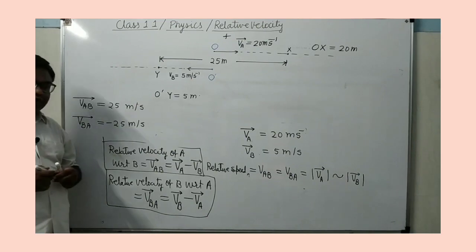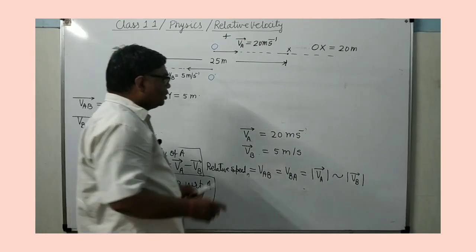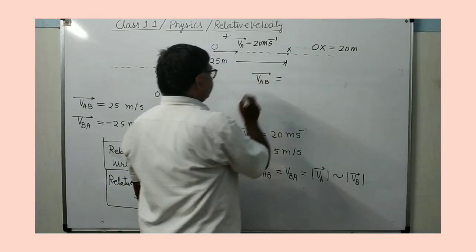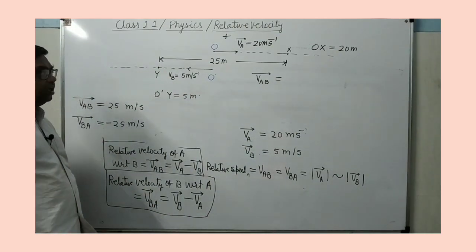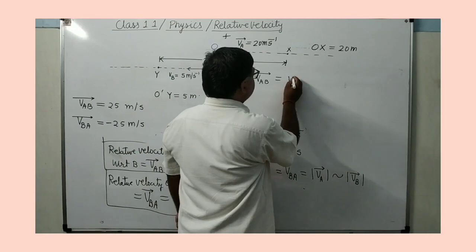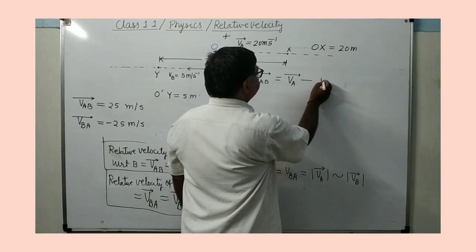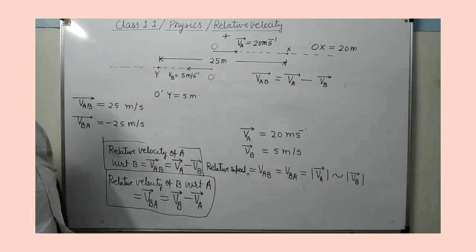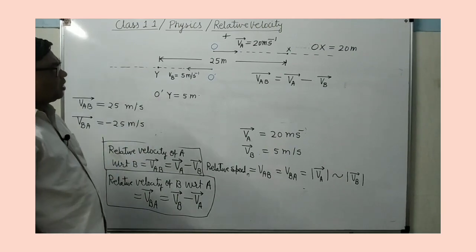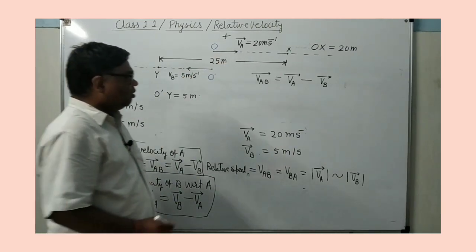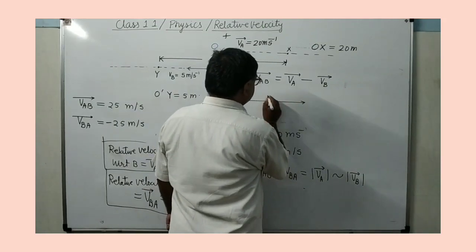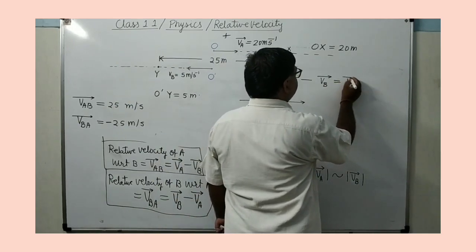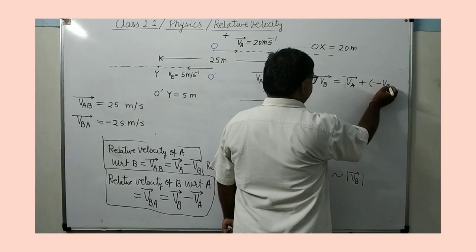So see here, if you find this in the vector diagram, vector VAB, you can get 25 meter per second only when you subtract vector VB from vector VA. First you draw the velocity vector A in this direction. Then this can be written as vector VA plus negative of vector VB.